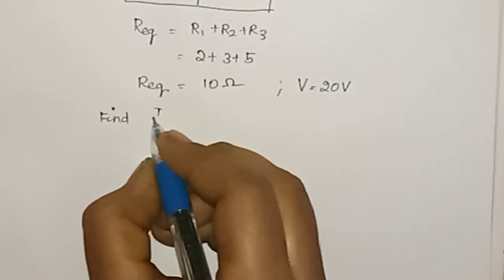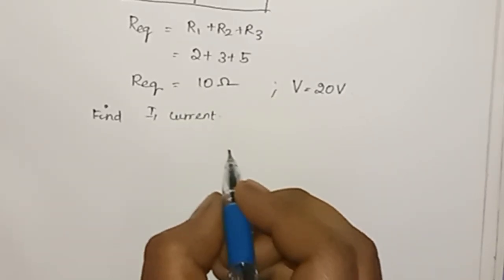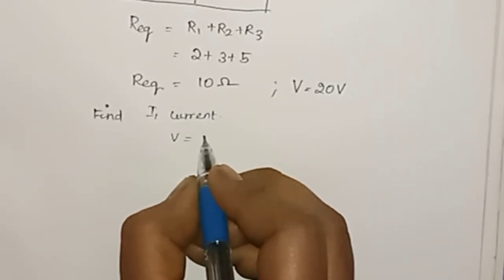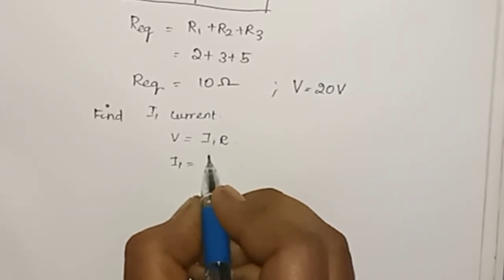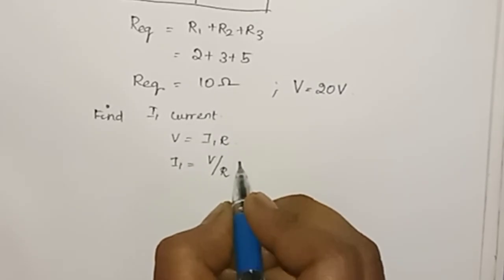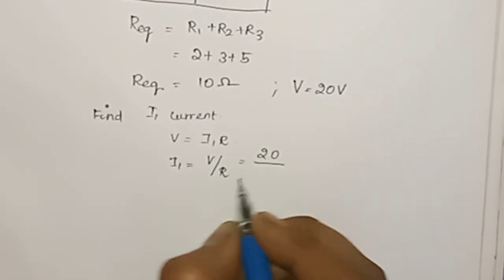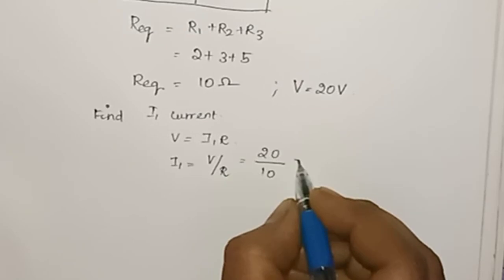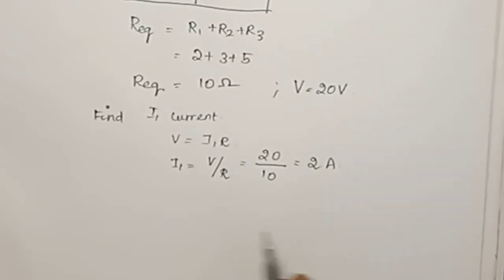Here we have to find the current I1 in the circuit. We all know Ohm's law, already seen in network laws. V equal to I1 R. I1 is equal to V by R. Here voltage is 20 and the equivalent resistance is 10 ohm. So I1 is equal to 2 amps.